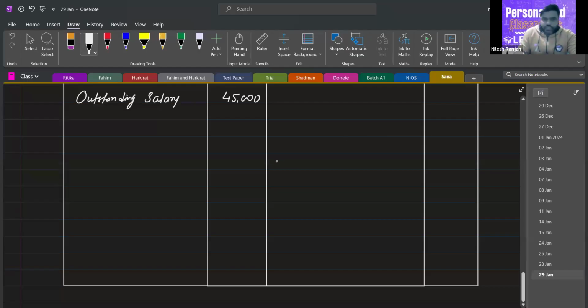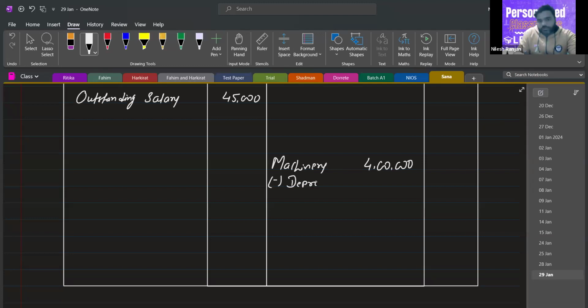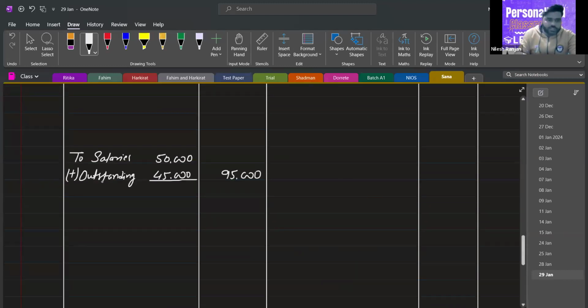So we will write machinery 4 lakh, and we will deduct depreciation from here at the rate of 10%. So 4 lakh minus 40,000, it is 3 lakh 60,000. And this 40,000 will go to the profit and loss debit side, to depreciation on machinery.